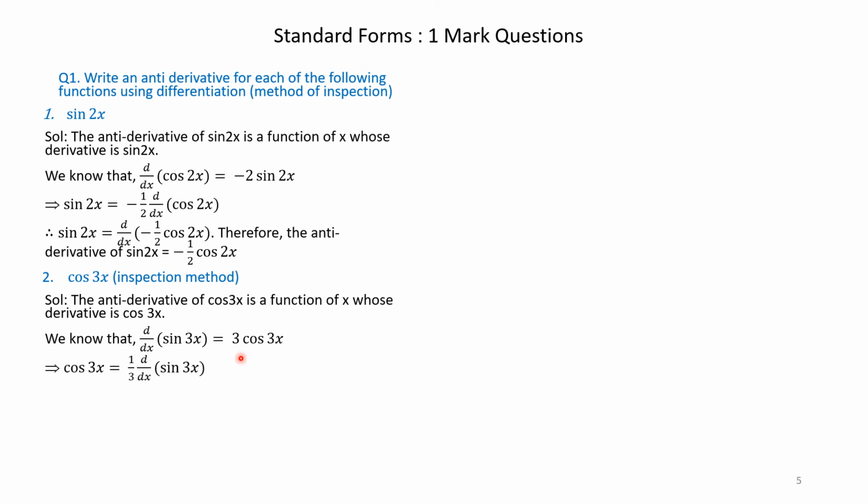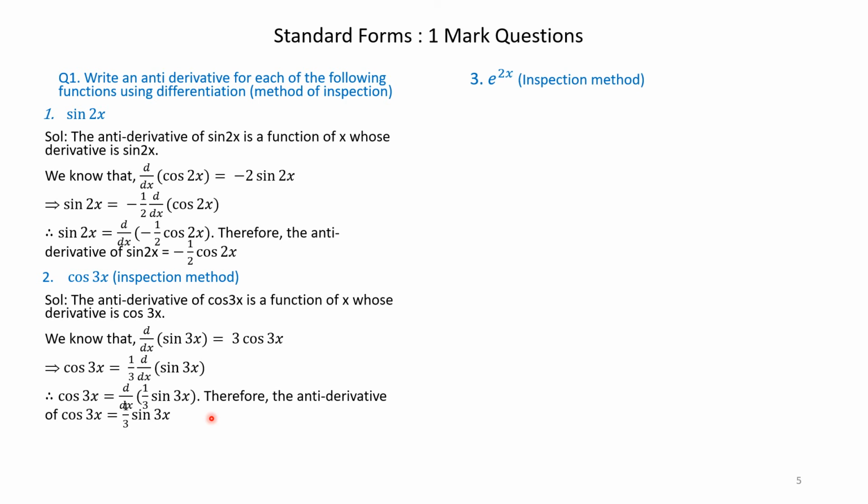Therefore, retain cos 3x, the term asked in the question, on one side and move this 3 to the denominator. So the right hand side becomes 1 by 3 into d by dx of sin 3x. Therefore, cos 3x is equal to d by dx of 1 by 3 sin 3x. Therefore, the antiderivative of cos 3x is 1 by 3 sin 3x.